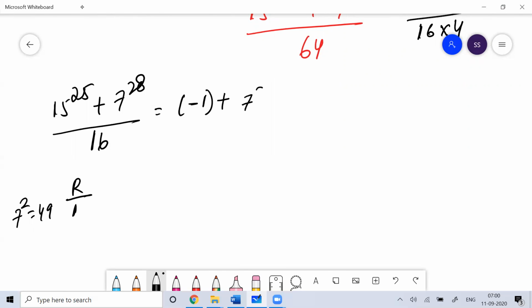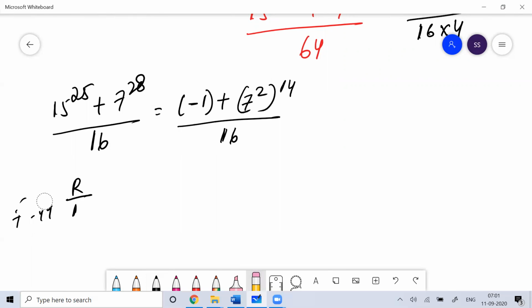You can write 7 square to the power 14 divided by 16, getting remainder 1, and here remainder minus 1. You can write minus 1, or 15 also.